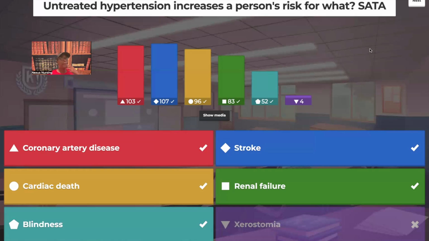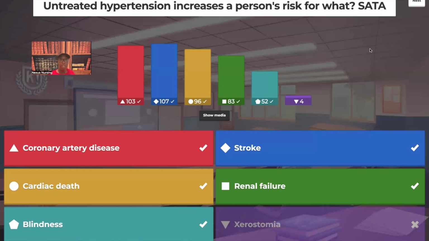It could be caused by some antihistamines. So when it comes to xerostomia, you're going to teach the patient to chew on sugarless candy because xerostomia is dry mouth. The candy is going to help them create the saliva, but we don't want to turn them into a diabetic. So that's why you're going to have them chew on sugarless gum or suck on sugarless candy.